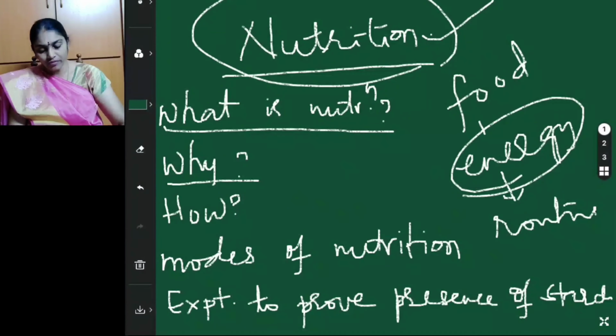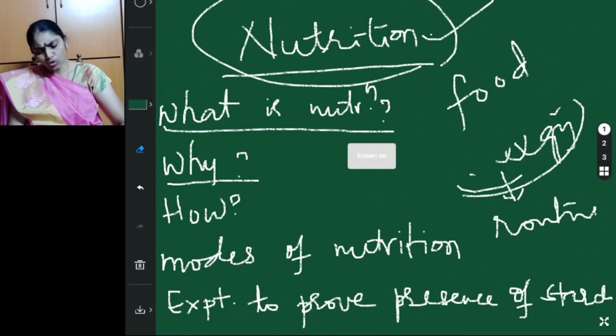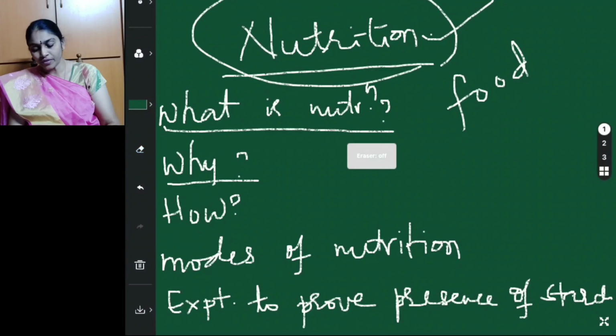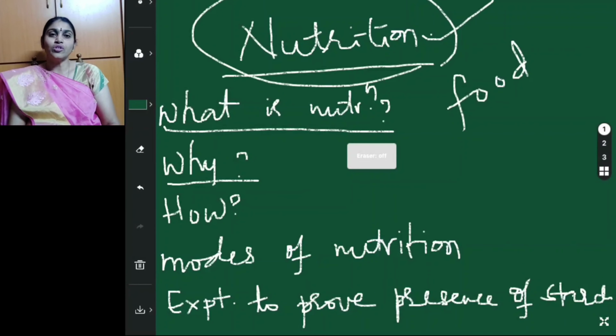Why do we need food? To get energy. To only get energy? No other functions of food? Yes, we have. See, suppose if you just check out your second class photograph and the ninth class photograph, then you can see a very drastic change in your growth.